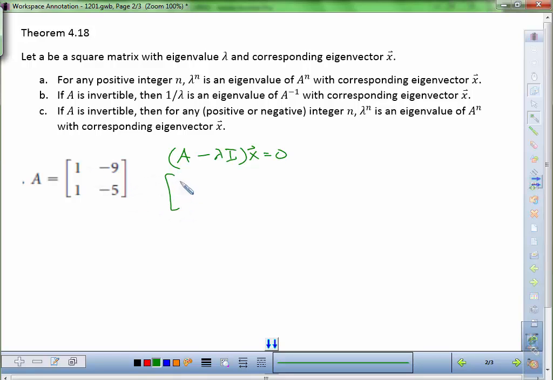So we have, this is A, lambda I is lambda in the diagonals and 0 everywhere else. So 1 minus lambda, minus 9, 1, and negative 5 minus lambda.